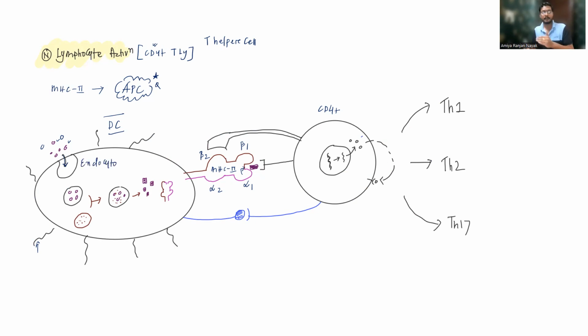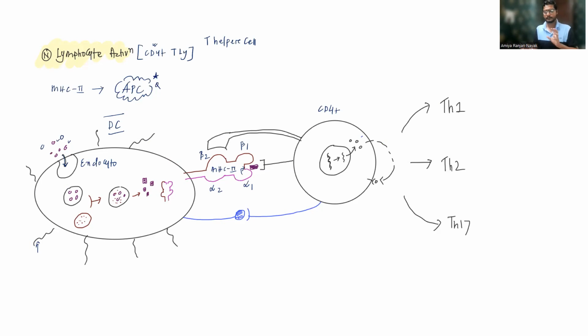And with further processing, these antigens can be presented with the help of MHC class 2 molecule also. So you should be able to understand that the viral proteins can be presented with the help of MHC class 1 molecule, and it can also be presented with the help of MHC class 2 molecule.